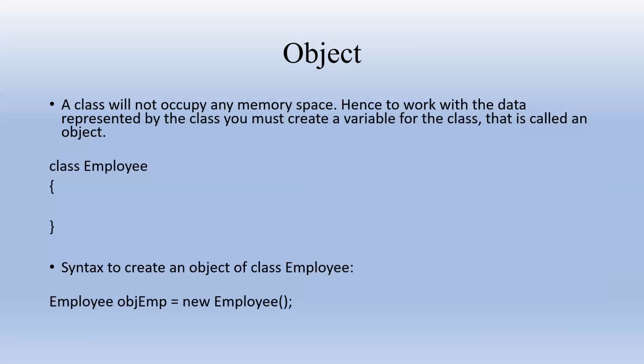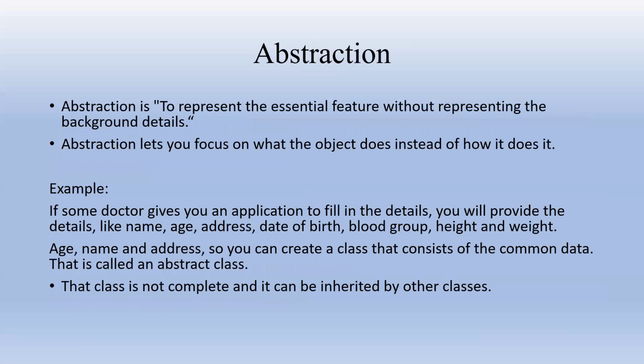In this example, we create the object like this: employee, which is the name of the class, followed by objemp, which is a variable, equal to new employee brackets and semicolon.